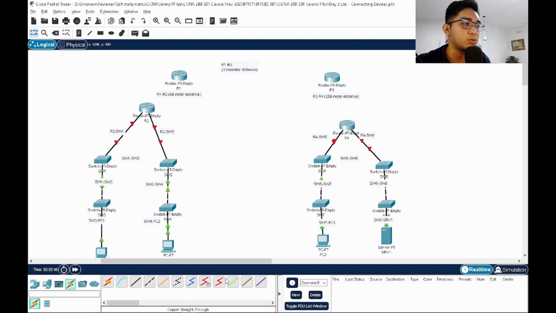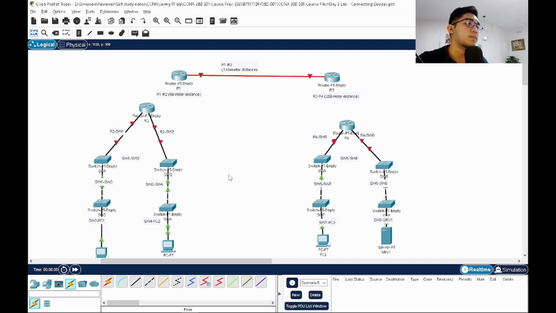So we use a single mode. Where's the fiber? This one. Gigabit Ethernet, just like that.